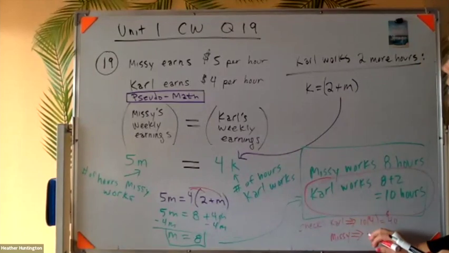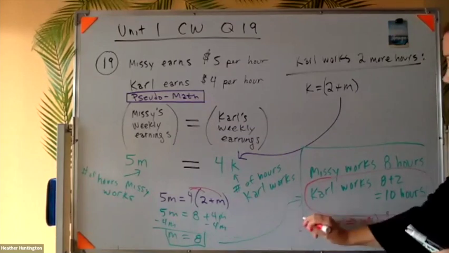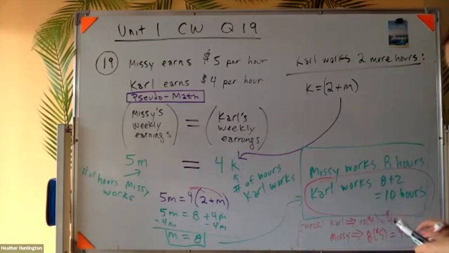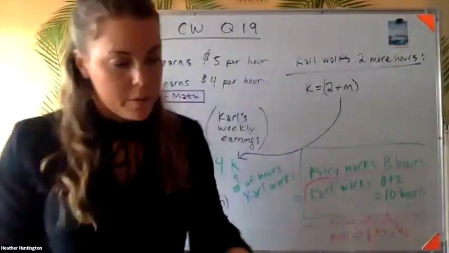So Missy's is going to be 8 hours times $5. Again, 40 bucks. So that makes me happy because that means we have a correct answer. Their earnings are the same when Carl works 10 hours and Missy works 8 hours. Good, so we went through the whole problem solving process.